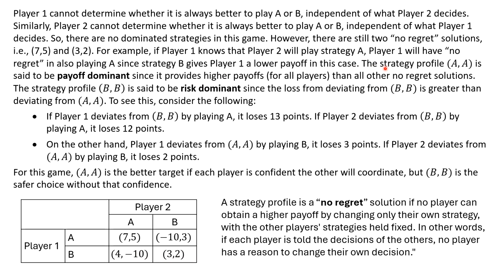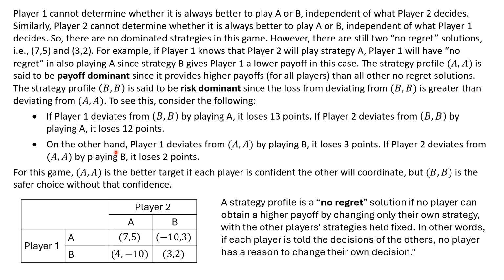So some additional terminology. The strategy profile AA is said to be payoff dominant since it provides higher payoffs for all players than all other no regret solutions. So 7-5 is better than 3-2. However, strategy profile BB is said to be risk dominant since the loss from deviating from BB is greater than from deviating from AA.